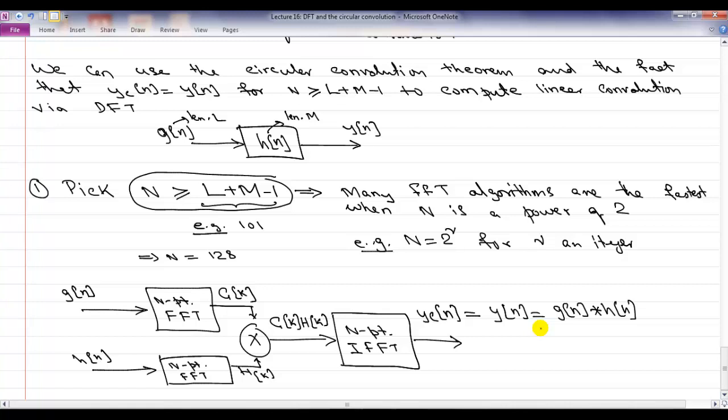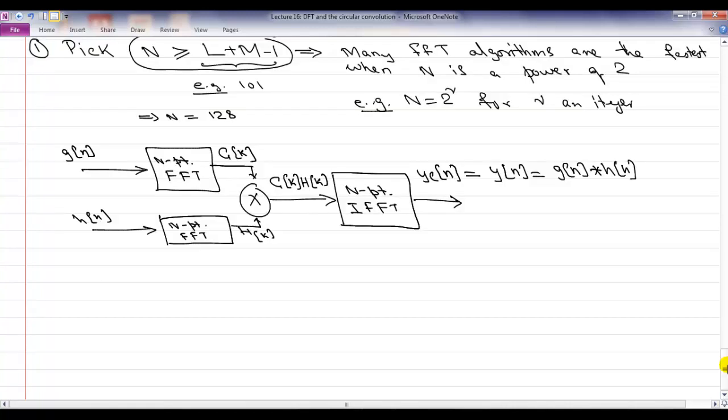Now, one thing that you should keep in mind during this discussion is that this description assumes that you have the full sequence g[n], or signal g[n], available to you before you can do the processing. In the real world, it is a rather difficult thing to ask that all the signal that you are going to process is already available to you.